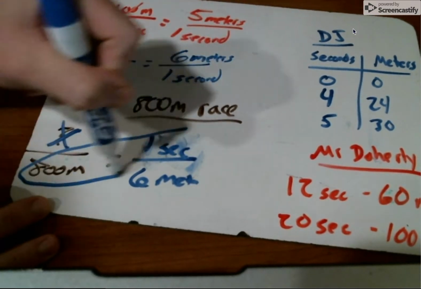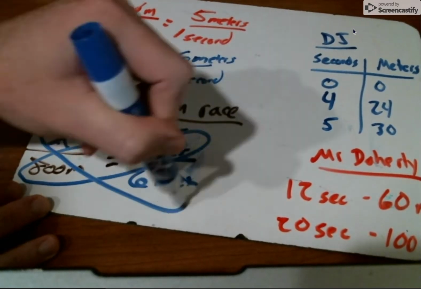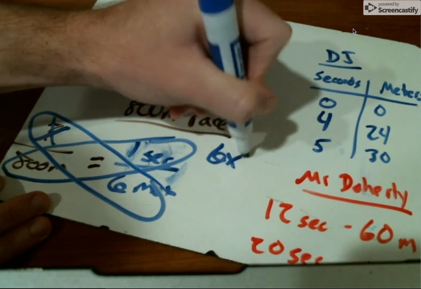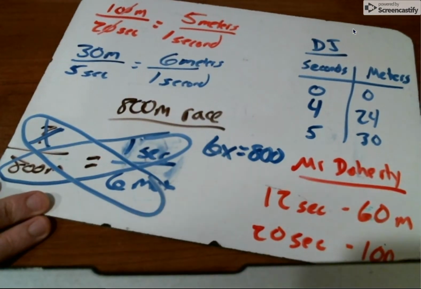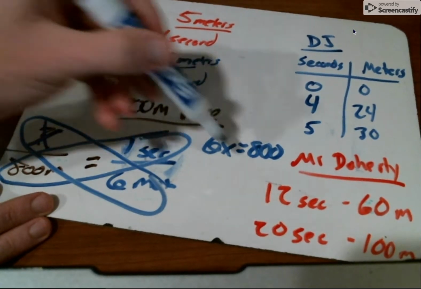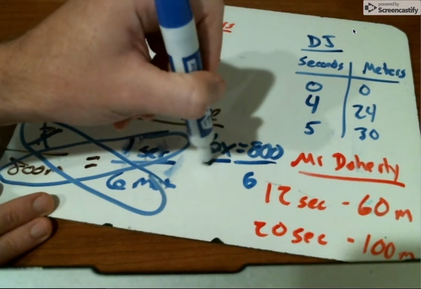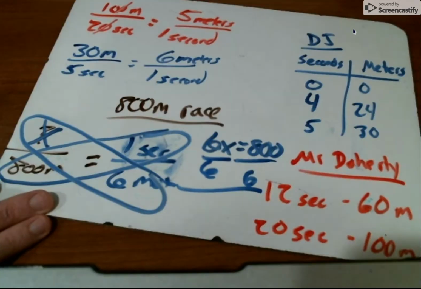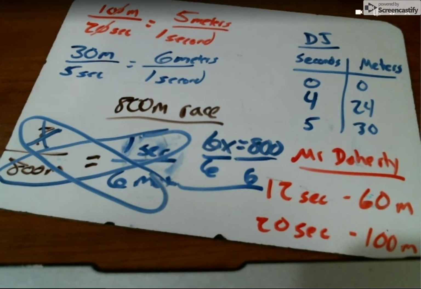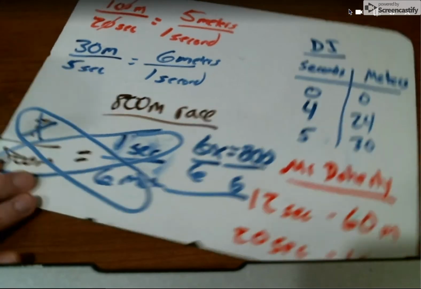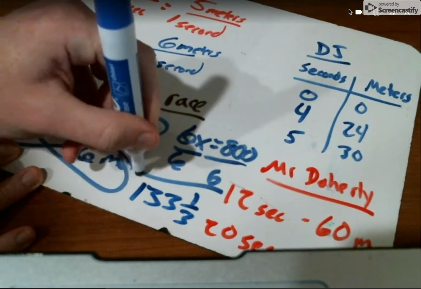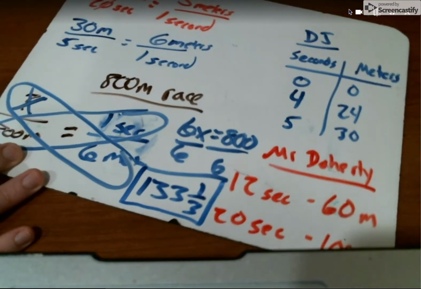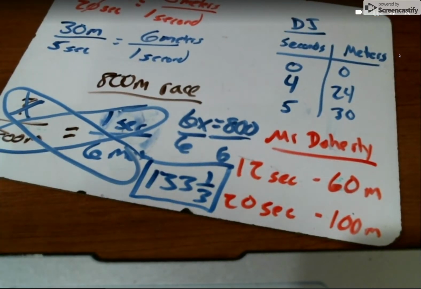When we cross multiply, it's going to say 6x equals 800. This helps us realize that if we take the 800-meter race and divide by DJ's unit rate, 6 meters per second, 800 divided by 6 equals 133 1/3. So it's going to take DJ 133 1/3 seconds to get there.